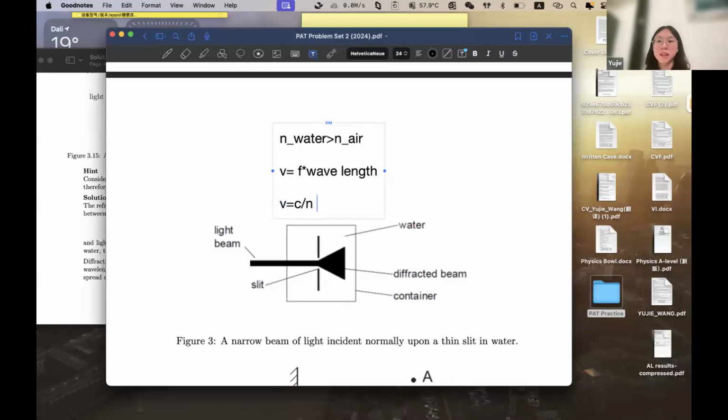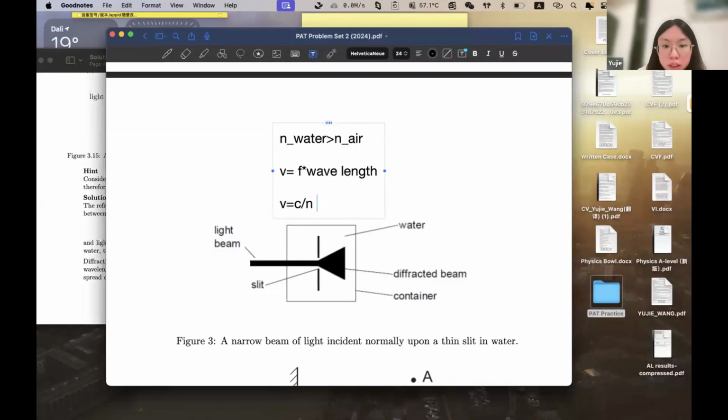So that's why we say in free space the speed of light is the highest, which is approximately 3 times 10 to the power of 8 meters per second. But if we set our medium to, let's say, water or glass, then the speed of light in those mediums would actually decrease because of the higher refractive index of those mediums.